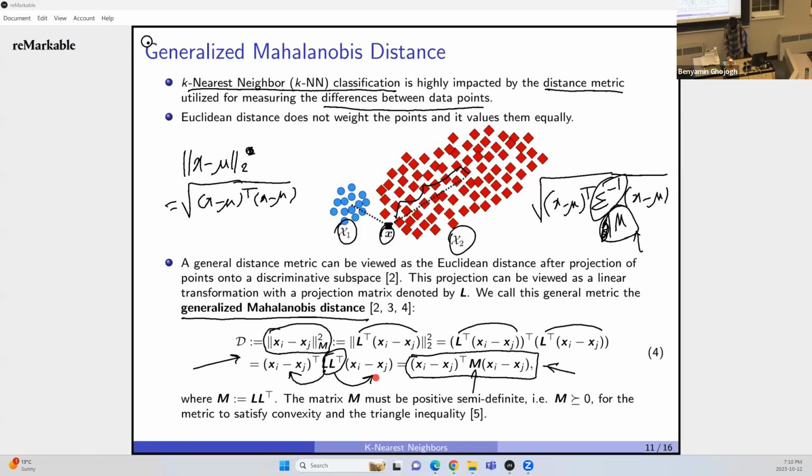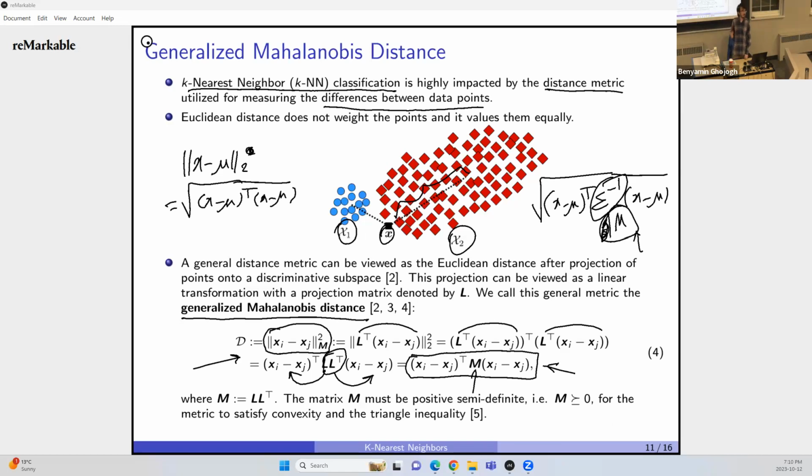What is it saying? Basically, it's saying that my generalized Mahalanobis distance became squared Euclidean distance. So my squared generalized Mahalanobis distance became squared Euclidean distance, but after some linear projection. So basically, it says that I have some data points in the input space, let me transform them to some other space, and in that space, I use Euclidean distance. It makes sense. Why?